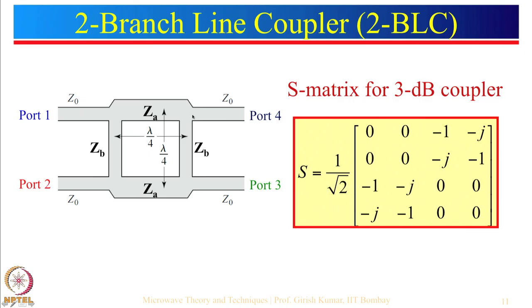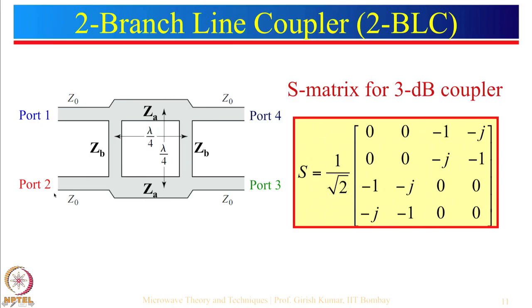Since there is a delay, the angle will be minus 90 degrees. Then at this point again the power gets divided, part of that goes here, part of that comes over here. So the phase at this point, from here to here is 90 degrees, another 90 degrees, so this will be minus 180 degrees, or you can say 180 degrees.